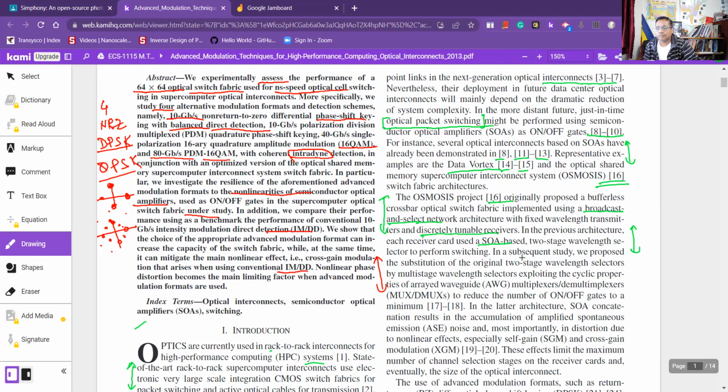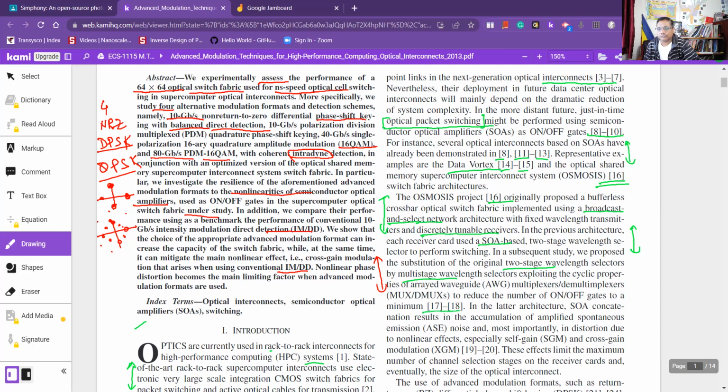Now, this is the improvement, the advancement in the technology. Earlier, they used two-stage. Now they are using a multi-stage wavelength selector, exploiting the cyclic properties of arrayed waveguide multiplexer, demultiplexer to reduce the number of on-off gates to a minimum.